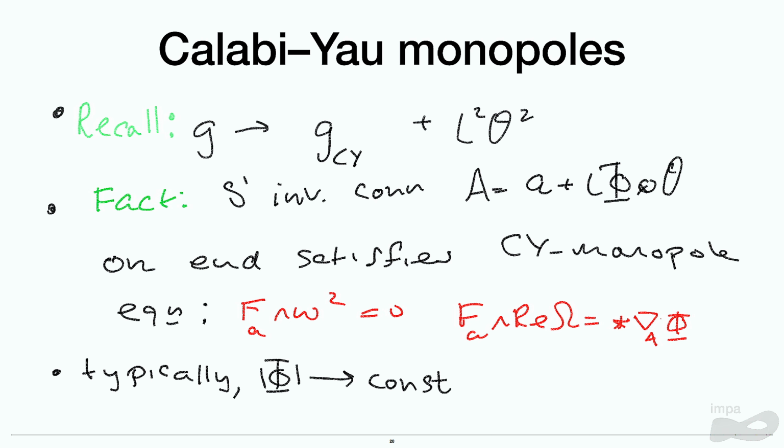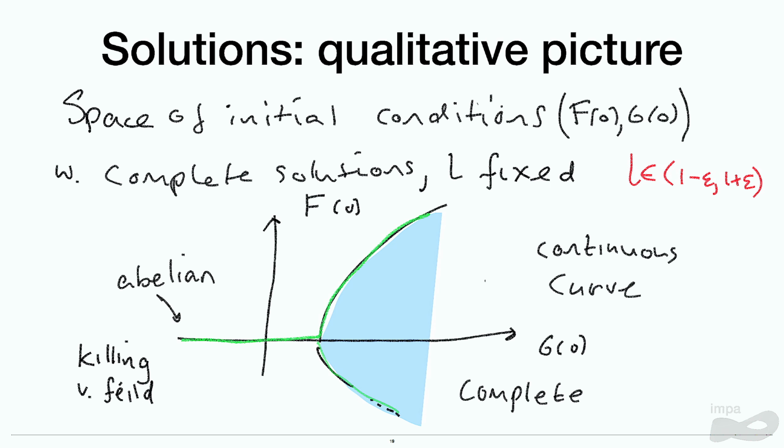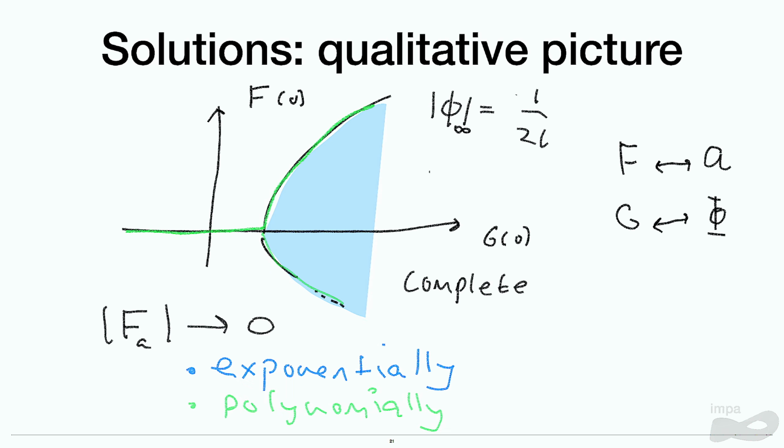What is important is that it is there and what the relationship is with L. So yeah, this curve is parameterizing, as I said, the asymptotic value of the Higgs field. So just to contextualize these ODE functions in terms of what I just told you, F you should think of as determining this asymptotic connection A, and G is determining the asymptotic Higgs field phi.